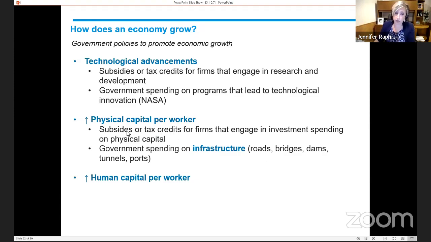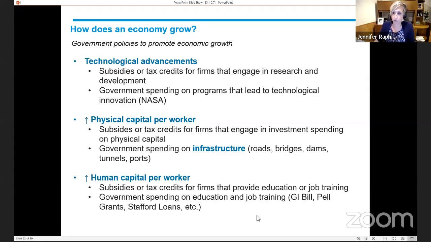So the government can use subsidies or tax credits to incentivize firms to engage in more investment spending on physical capital. And the government can spend money on infrastructure, which effectively increases the amount of physical capital per worker in the economy. Remember, infrastructure is roads, bridges, dams, tunnels, ports, information systems. All kinds of things constitute infrastructure.